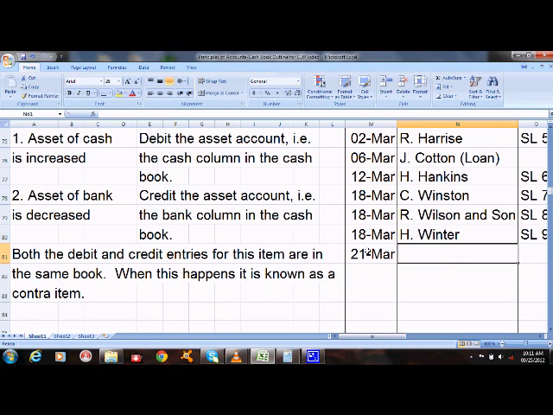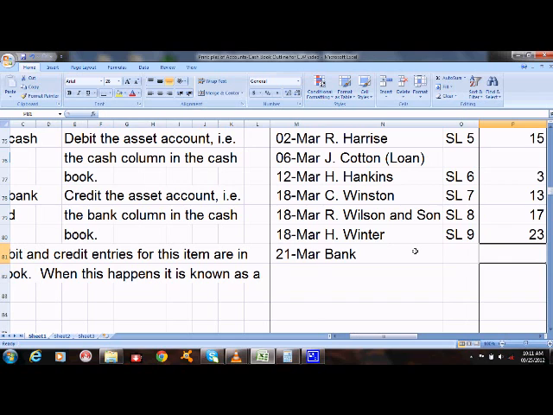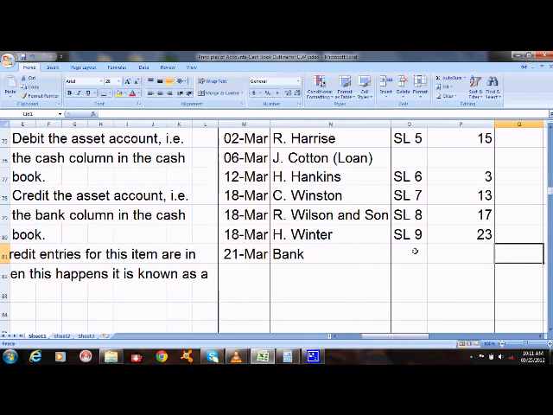Remember that we said in this case asset of cash is what? Is increased. So when you debit the asset account, that is the cash column in the cash book, now in this column we're going to write bank, and then we're going to write the amount of money under the cash account. So you have 350 right there.